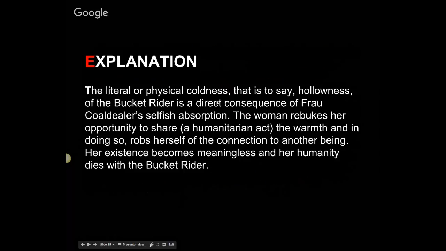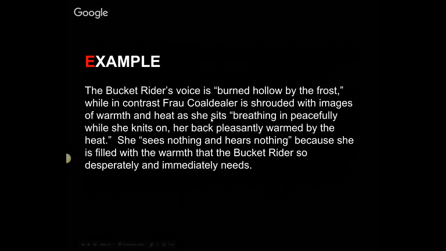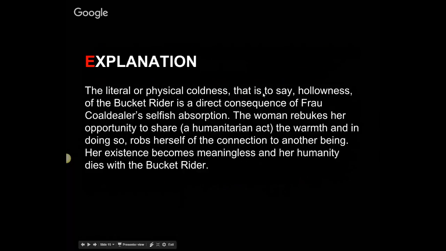So the literal or physical coldness, that is to say hollowness, of the Bucket Rider is a direct consequence of Frau Coal Dealer's selfish absorption. So here, I've taken the word hollow, that because he's the Bucket Rider, his voice is burned hollow by the frost. Okay, so he has a hollowness to him that is a consequence of her being selfish. The woman rebukes her opportunity to share a humanitarian act, the warmth, and in doing so, she robs the connection to another human being.